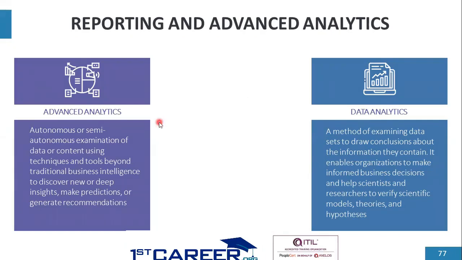So the left side, the advanced analytics, is basically stretching business intelligence a little bit more. Business intelligence traditionally looked at a lot of data and tried to propose what decision could be made. It could provide 3 or 4 options, and the manager, the decision maker, will pick one of the best decisions from the 3 or 4 given. But in advanced analytics, there are predictive capabilities also.